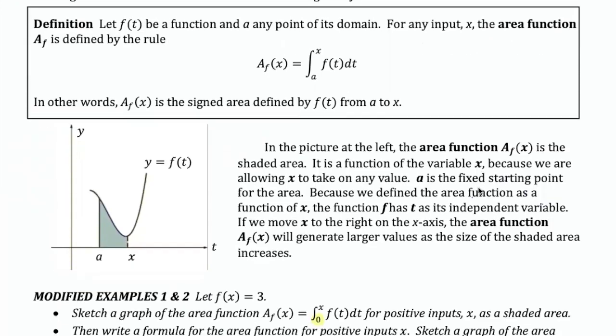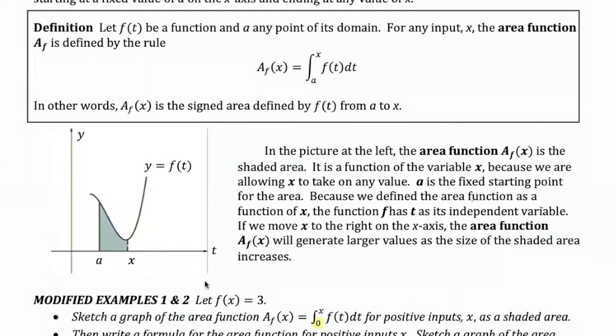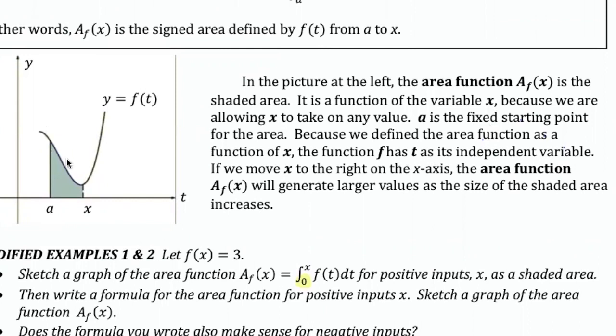And this makes more sense if you're looking at this picture here. Notice in the picture, we have our function in terms of t, and a is a fixed value, the lower limit of the integral. And we want to come up with a formula that will work for any particular x value that we allow x to take on.